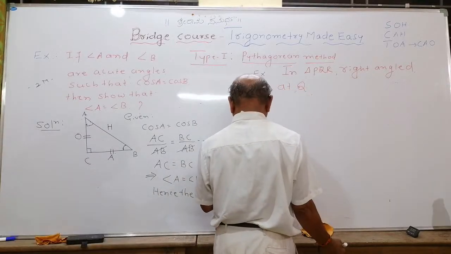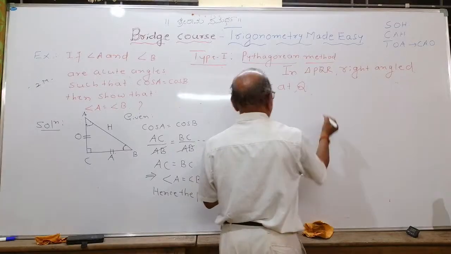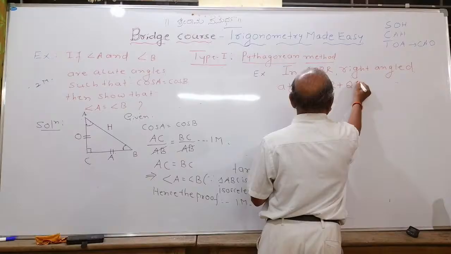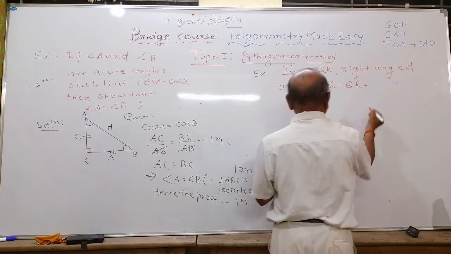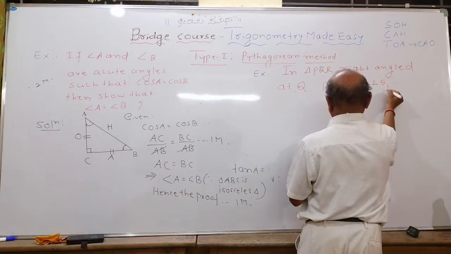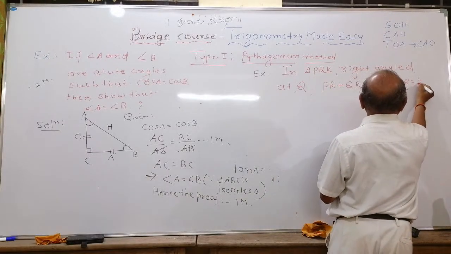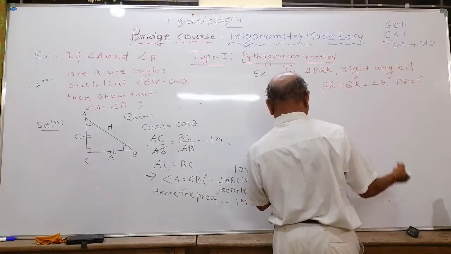Right angled at Q. PR plus QR is equal to 25. Then PQ is equal to 5 centimeter. Note down the question and think over. PR plus QR is 25 centimeter. PQ is 5 centimeter.